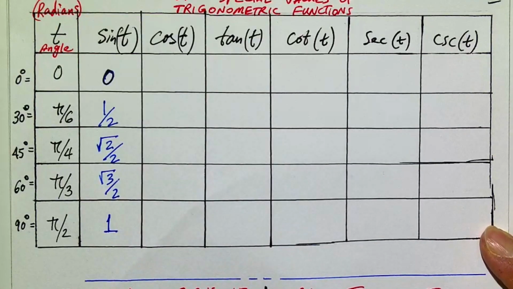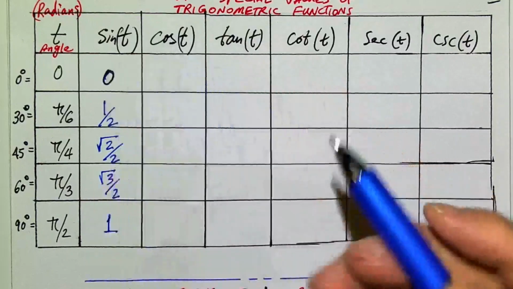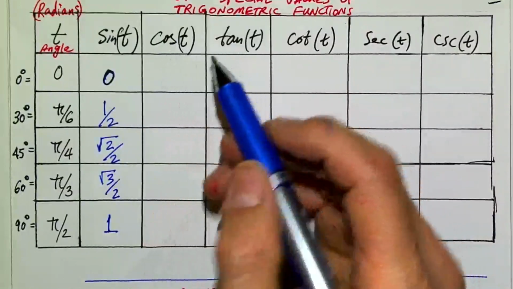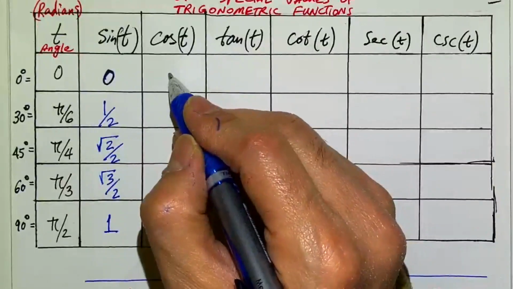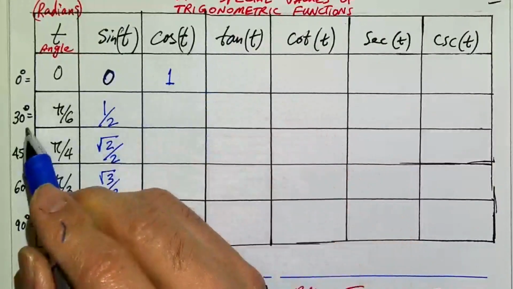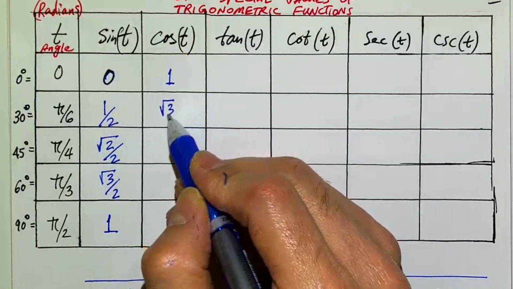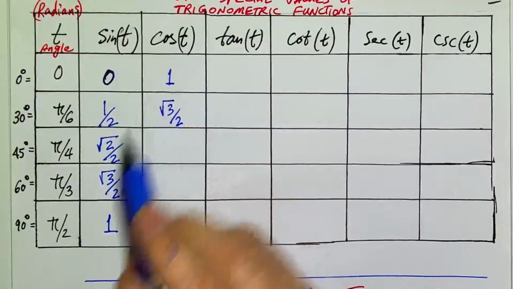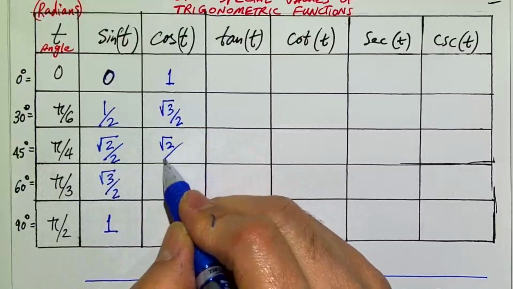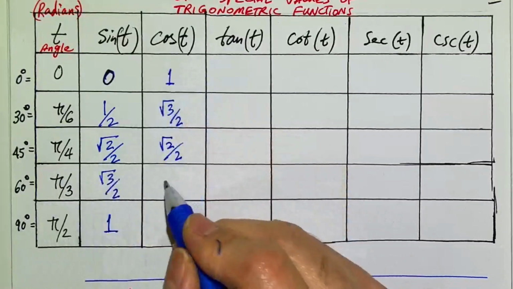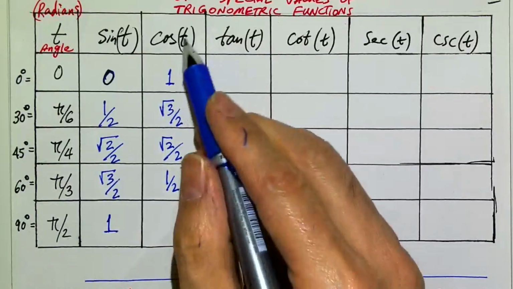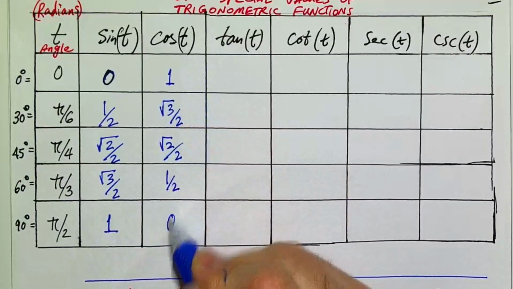It's very important that you remember these quantities for sine and cosine. And then cosine of 0 is 1. Cosine of 30 degrees is square root of 3 over 2. Cosine of pi over 4 is square root of 2 over 2. Cosine of pi over 3 is 1/2. Cosine of 90 degrees is, of course, 0.